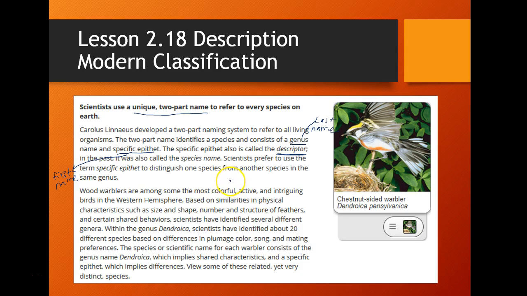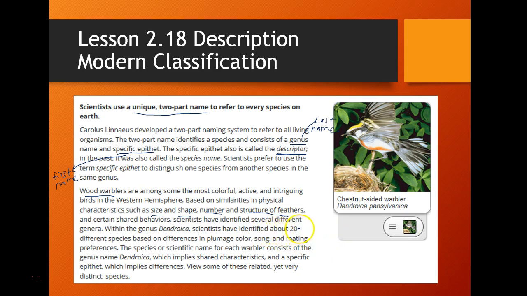Here's an example. There's a type of bird called a wood warbler, and they are colorful, active, and live in the Western Hemisphere. There are lots of physical similarities among all these birds, such as size, shape, and number and structure of feathers, and certain shared characteristics.